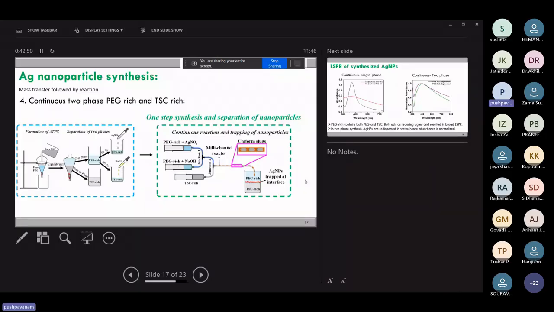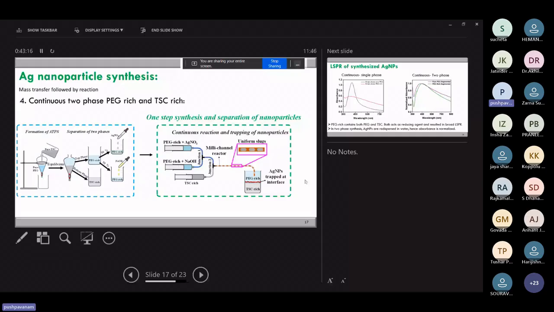The silver nanoparticles are going to get trapped at the interface of the slug. So the silver nanoparticles are not going to be in the bulk liquid. They are going to be at the interface. This is an advantage of using this ATPS system: I'm concentrating the silver nanoparticles automatically.